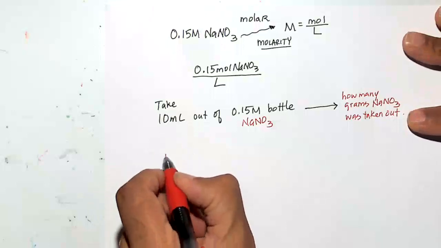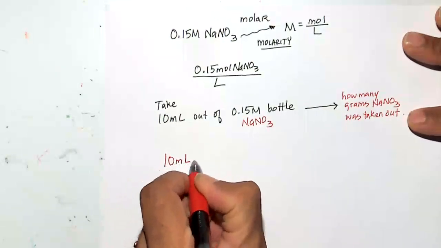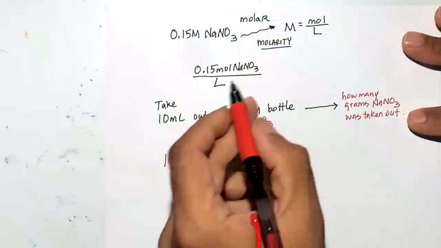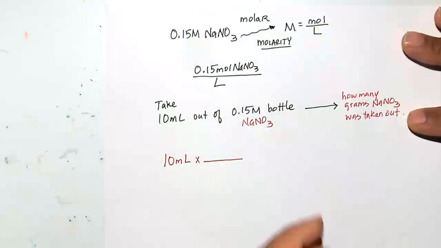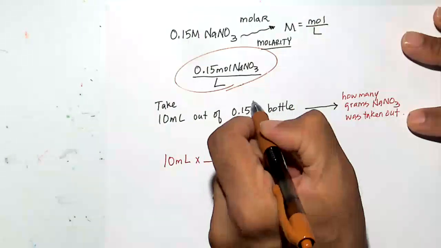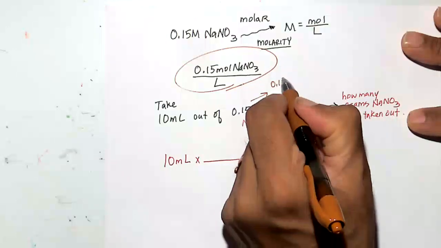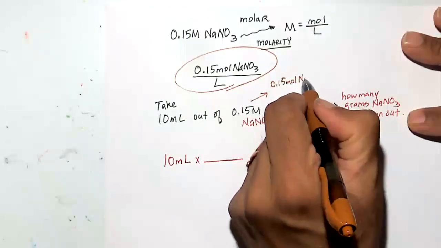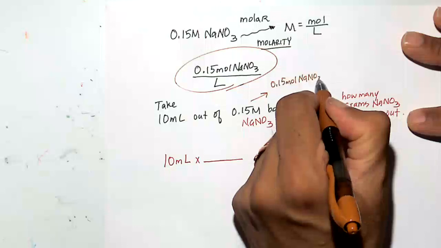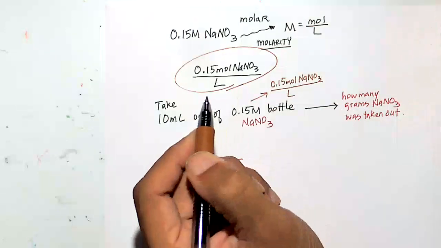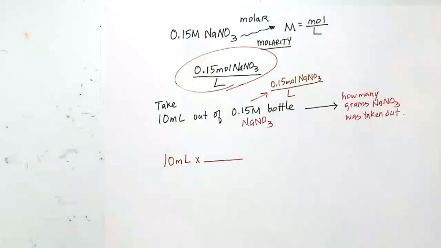So this is how you'll solve this question. We take 10 mils out of the bottle. The first thing is to realize that 0.15 molar is the same thing as 0.15 moles of the chemical over liters. Here the chemical is NaNO3.